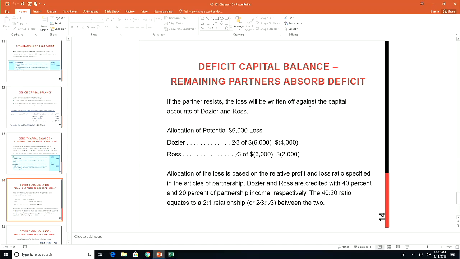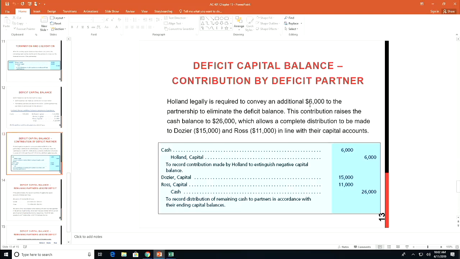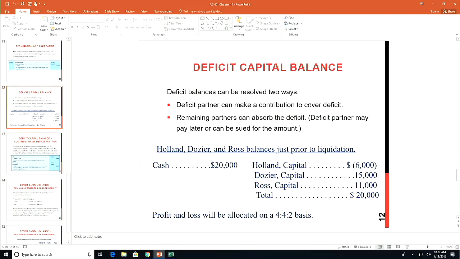Now how will they pay it? We need to redefine the ratio. So how can we redefine the ratio? Because one person is gone, let's go back here. This is the old ratio, right? We have three partners, Holland, Dozier, and Ross.